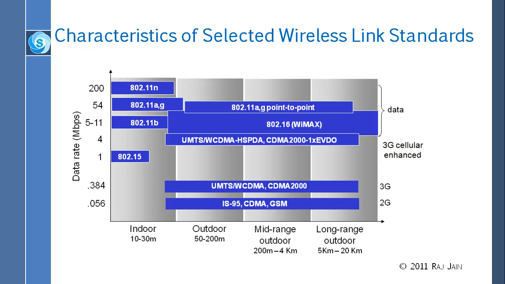WiMAX goes long distance, but the speed is higher. And then A, G, N, they don't really go too much distance, but with certain techniques, you can make them go longer distance. They are designed for shorter distance, mostly indoor. So this is basically giving you some names here, and that's really not very good, but that's all we can do at this particular level of the class.